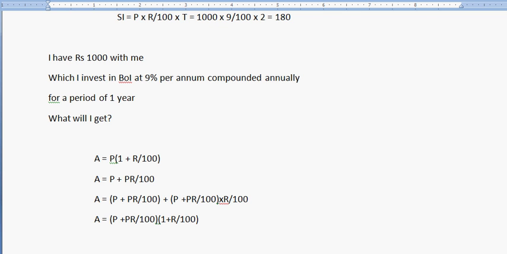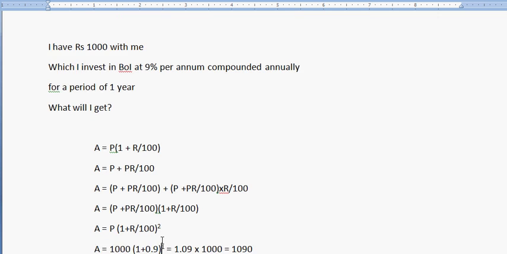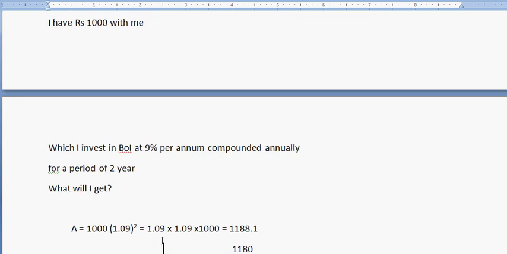Now even if you take P common, it would become P times 1 plus R by 100 raised to power 2. So this is the formula, and this is how we get the formula. So this is 1 plus R by 100 raised to power t. If you do it for 3 iterations, you would get P times 1 plus R by 100 raised to power 3 and so on and so forth. So this is the link between simple interest and compound interest.